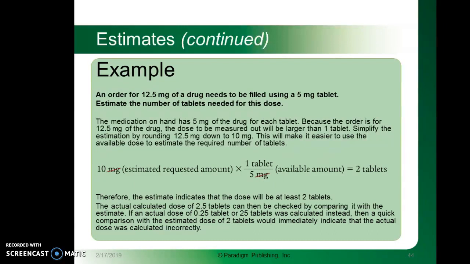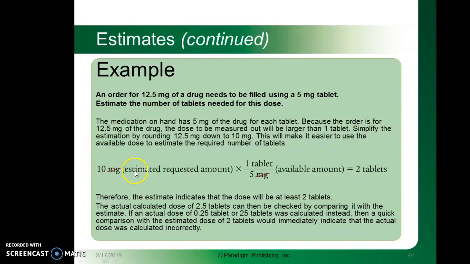Simplify the estimate by rounding 12.5 milligrams down to 10 milligrams. This will make it easier to use the available dose to estimate the required number of tablets. So since we're rounding it down, we know by our estimate that the answer is going to be more than what we're estimating.